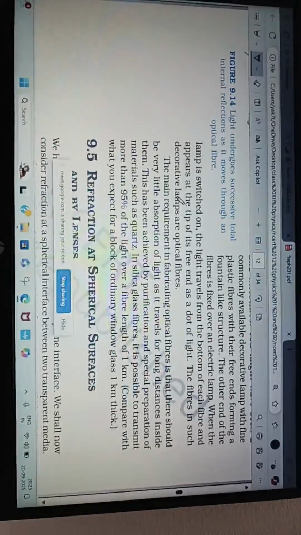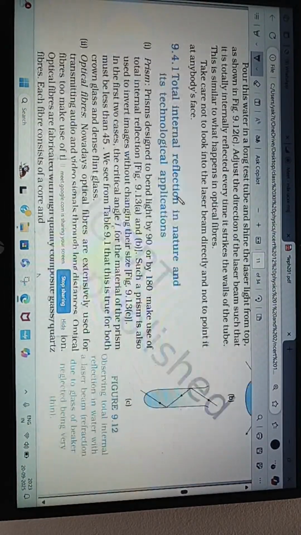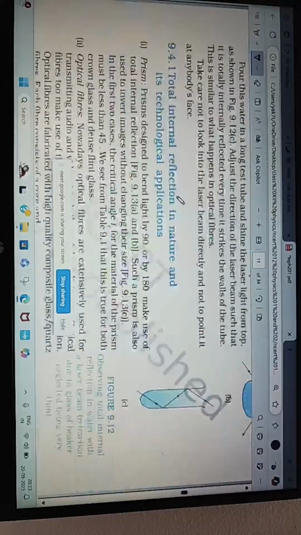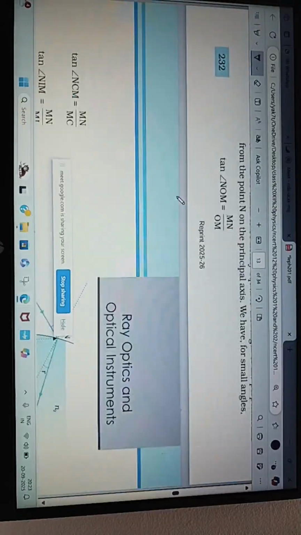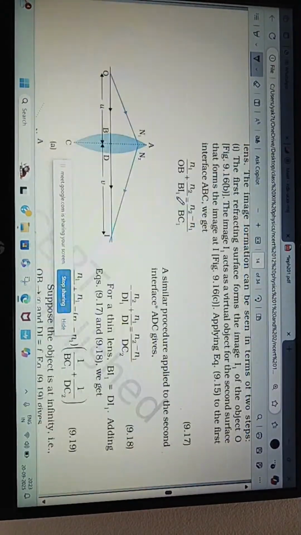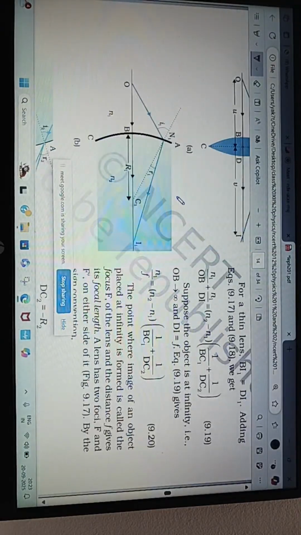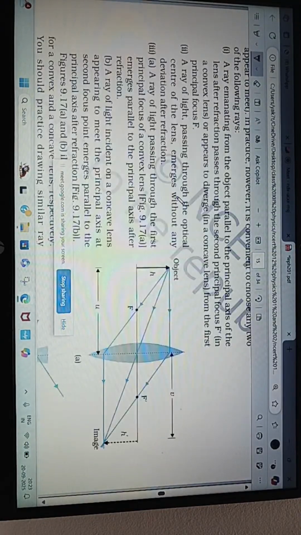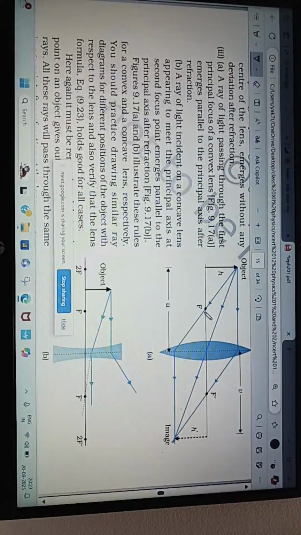See, I am talking about this one. F is this side, F is this side. Where is the object kept?